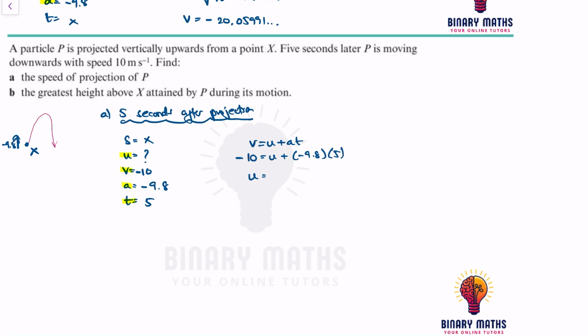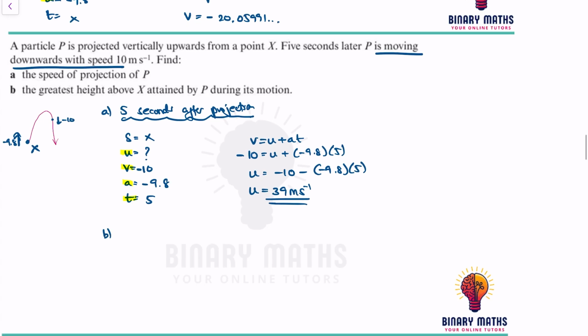So be very careful with that. It's moving downwards with the speed. So at t equals 5, somewhere here, it's moving down, so it's minus 10, because originally moving up was positive. So we end up getting U is equal to minus 10 take away minus 9.8 times 5, which means U is equal to 39 meters per second.